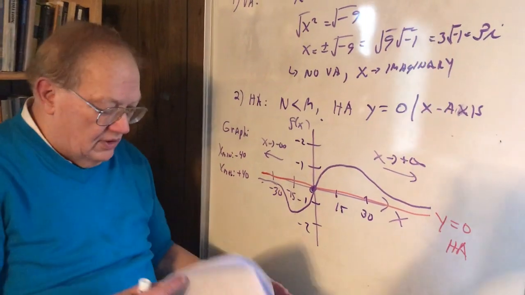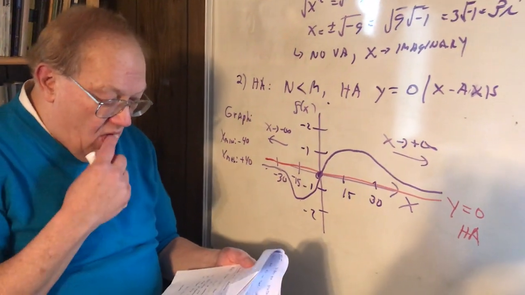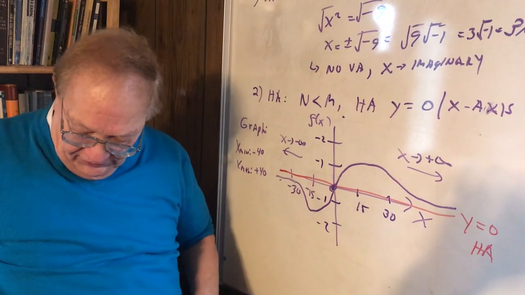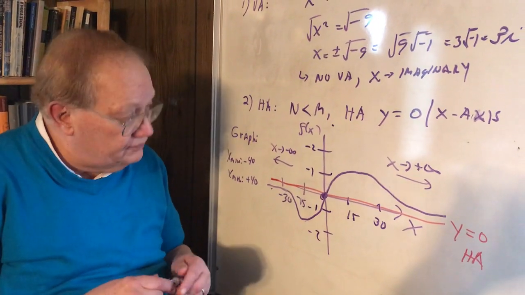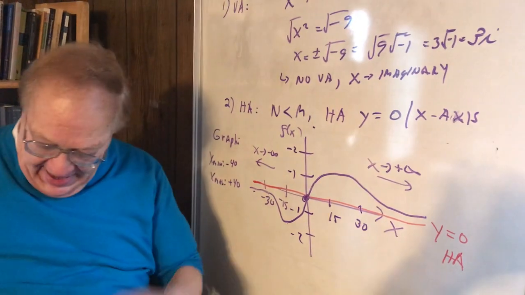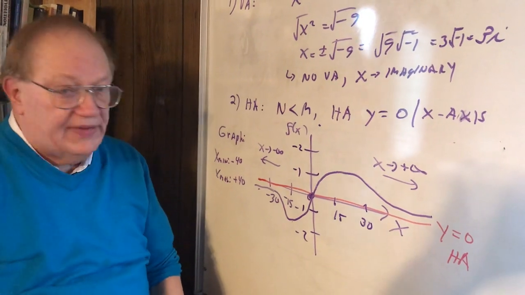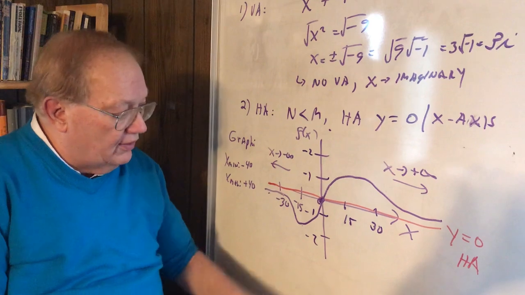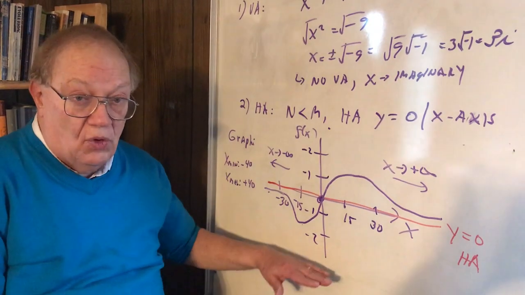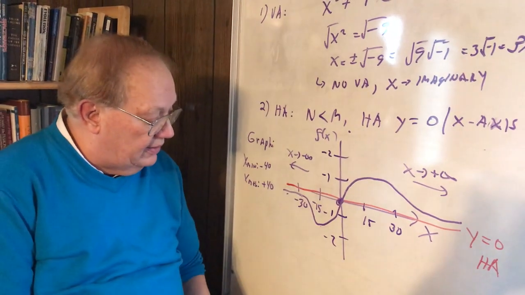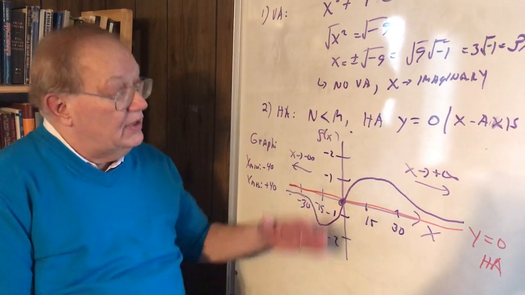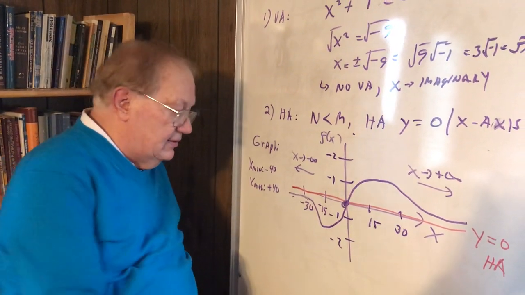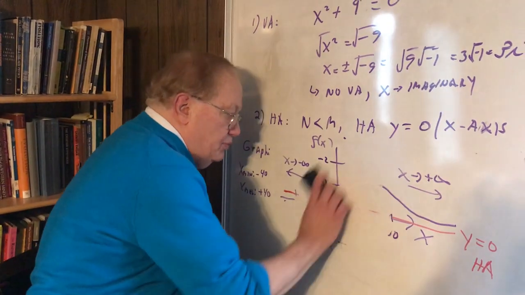So what I'm going to do is solve a rational function, get the min-max, and see what that means in terms of the asymptotes. So I can erase this because you have all this in your notes.